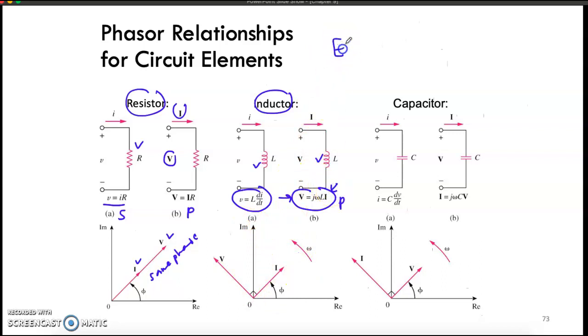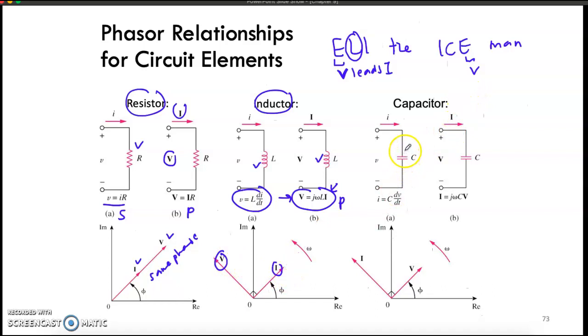So you remember this: ELI the ICE man. E represents the voltage. If it is an inductor, L, your voltage E will lead the current. So if you see this figure, the voltage will lead the current. Voltage comes earlier, right?